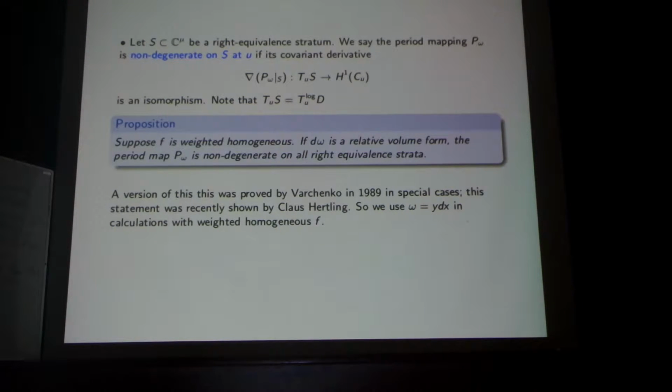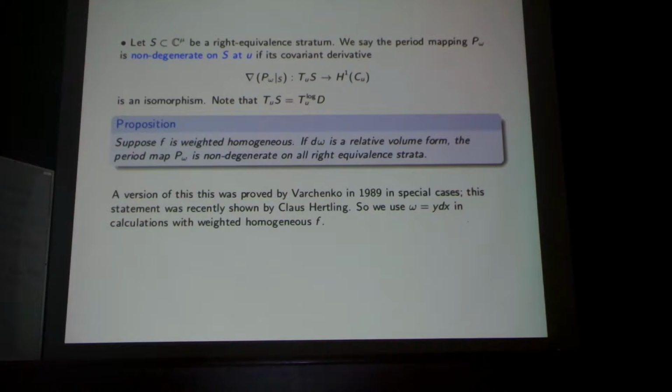In particular, what I'm most interested in is the case of the simple singularities. If F is weighted homogeneous, then all that is needed in order that the period mapping be non-degenerate on all the strata is that d omega should be a relative volume form. So Varchenko wrote a paper in which he conjectured this in 1989 and proved it in some special cases. And we recently corresponded with Klaus Hertling, who says that he can show it in general.